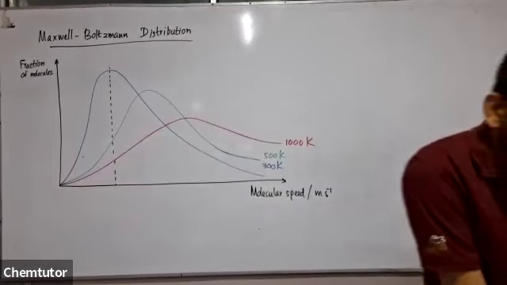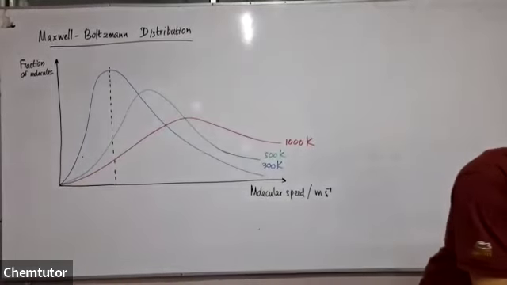So we have written that hydrogen and nitrogen have different speeds, no? Right.